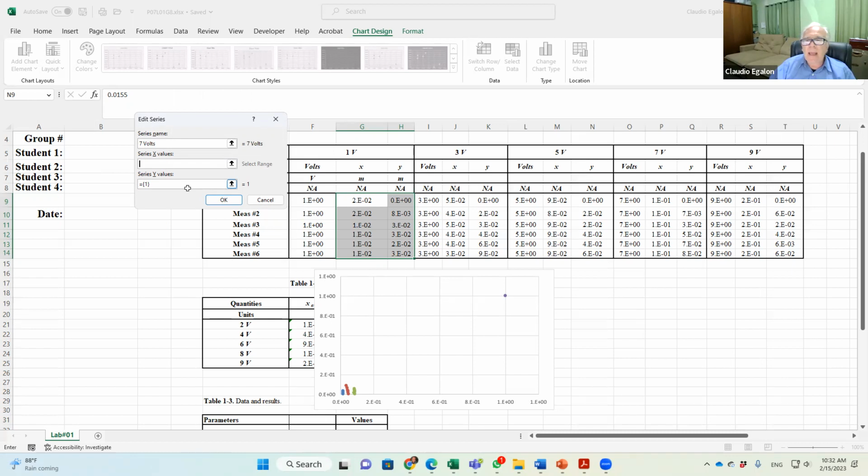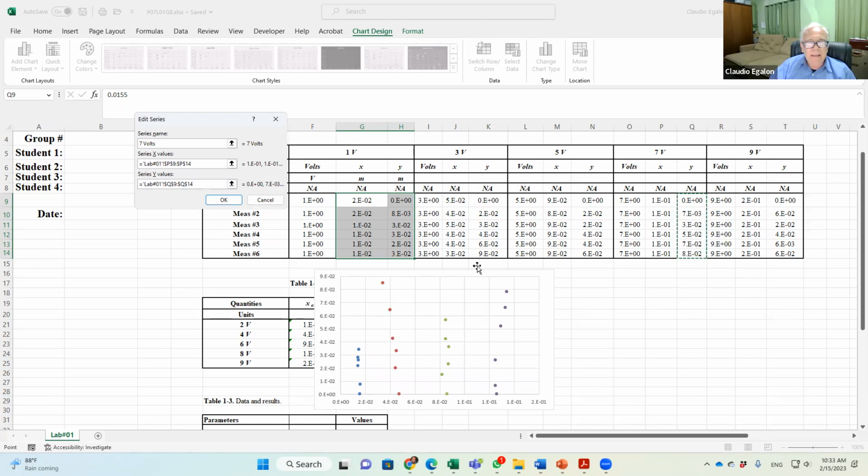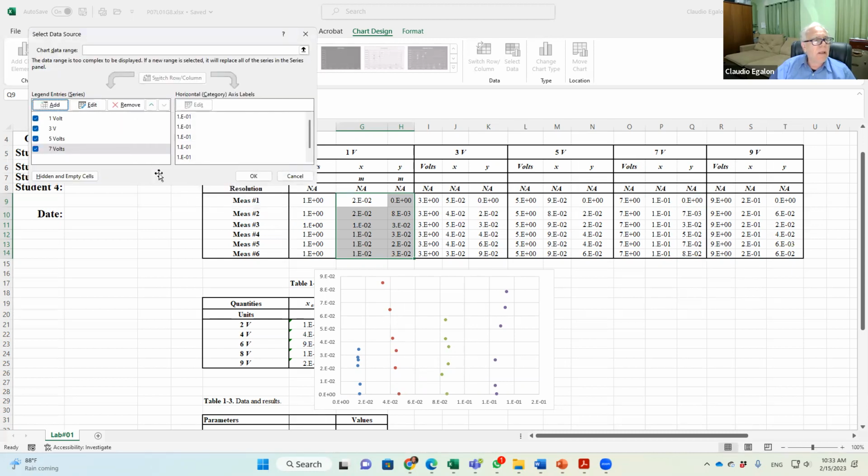X. Don't forget this little number 1 here; it's just a little junk that they put in there. I never figured out why they did that. Looks like this group made the same mistake as in 1 here, right? Those data points are a little bit compressed. Click OK. That's 1, 3, 5, 7.